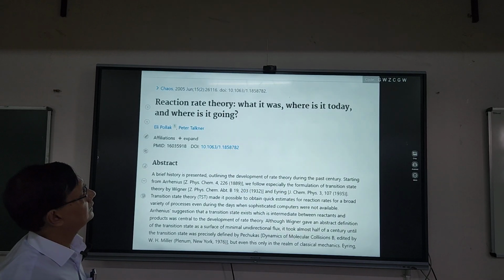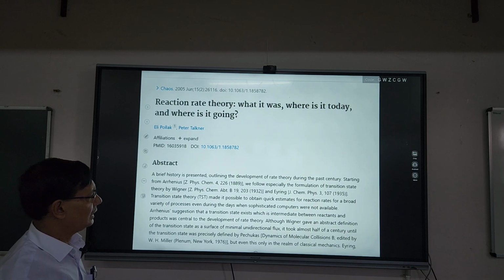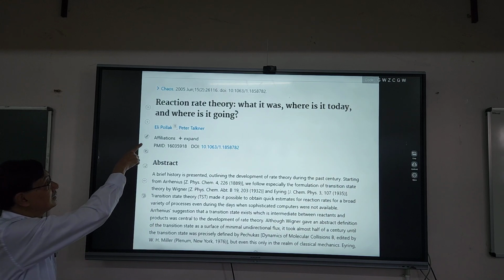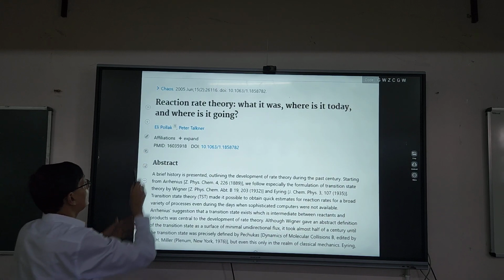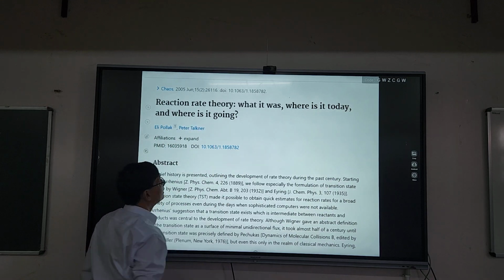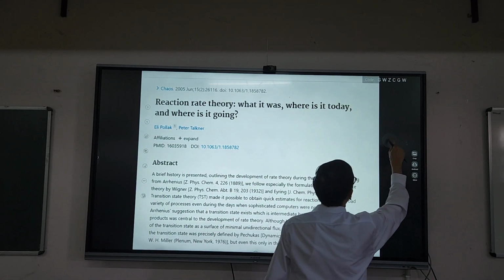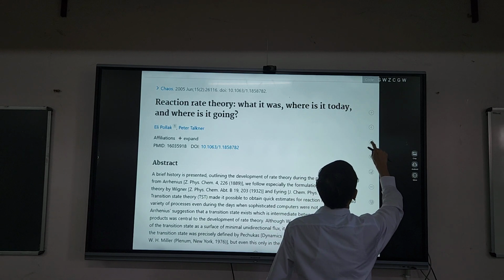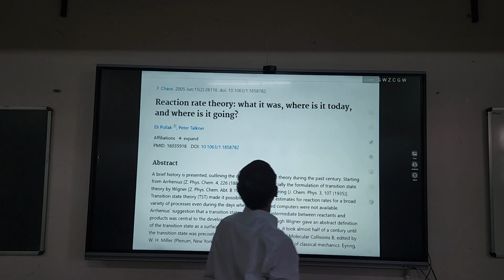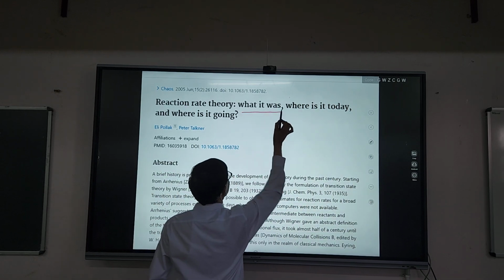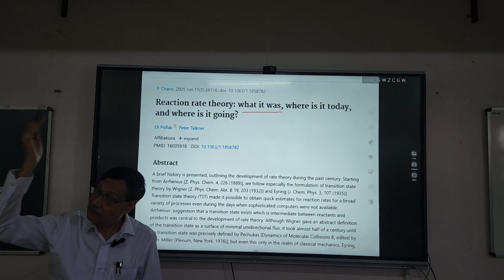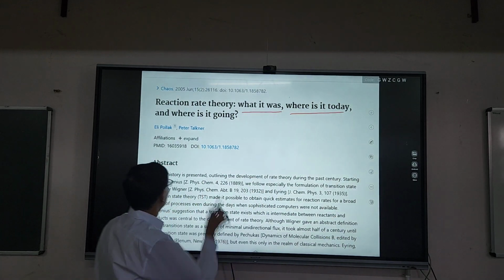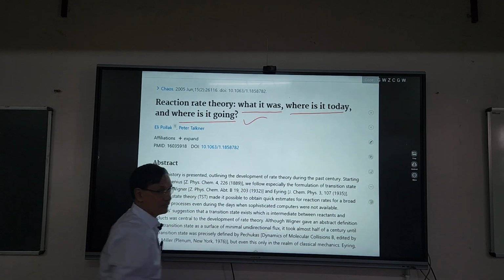And as you know, a large amount of research is also going on. If you see the title of this article, reaction rate theory: what it was, where it is today, and where it is going, femtosecond.